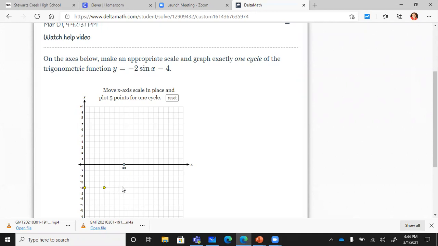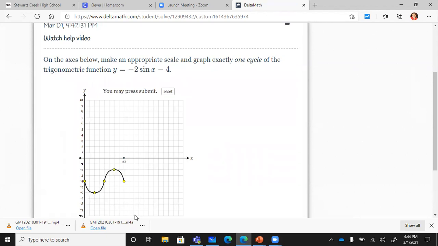This has an amplitude of 2, but it's negative, so it's upside down. So halfway in between your beginning and your middle point, we're down 2. And then we're up 2, like that. And it'll connect the dots for you to see if that's what you want to do.